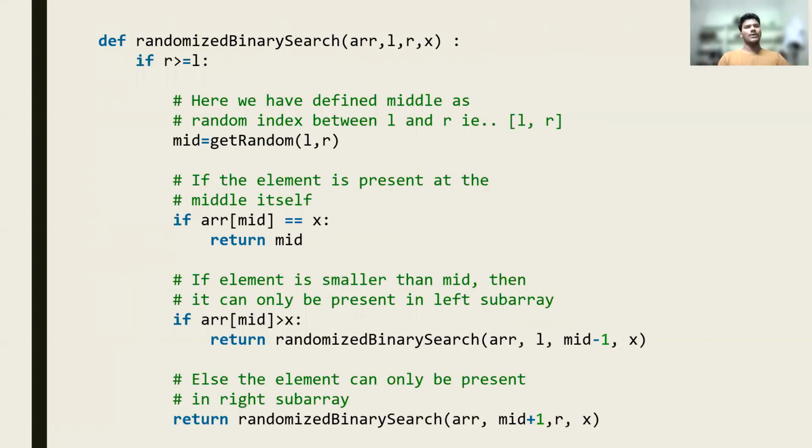Okay, now we'll define another function which contains the code to find the number in the given array. So randomizedBinarySearch(array, l, r, x). Now if r is greater than l, here we have to find the middle as a random index between l and r.